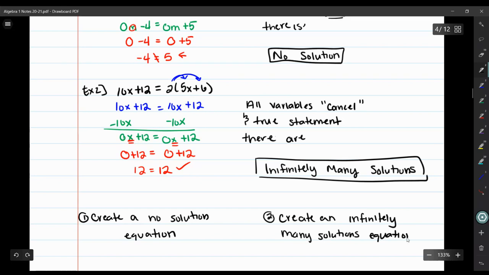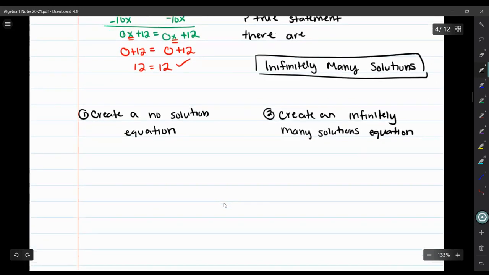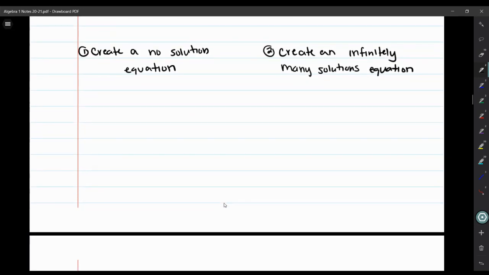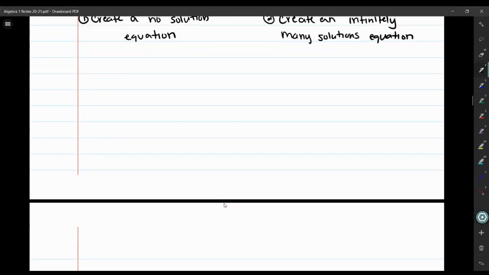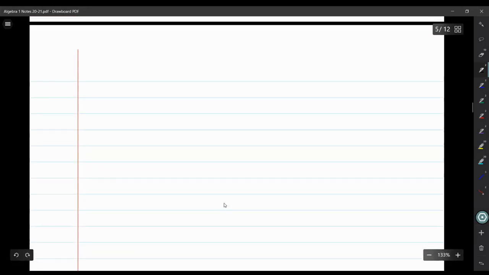There are thousands upon thousands of possibilities for these two examples. You guys are just going to make them up. And then I'll have you guys share out next class. In the meantime, let's talk about a couple more things.